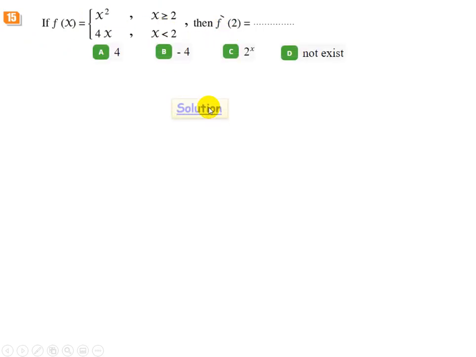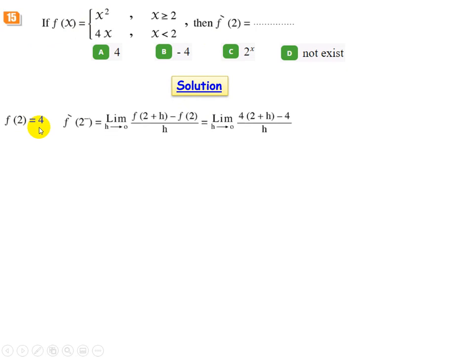Number 15. f of x equals the piecewise function: x squared when x is greater than or equal to 2, and 4x when x is smaller than 2. Then f dash 2 equals? f of 2 equals 4. For f dash 2 from the left, which means 4x, the limit of f of 2 plus h minus f of 2 over h.